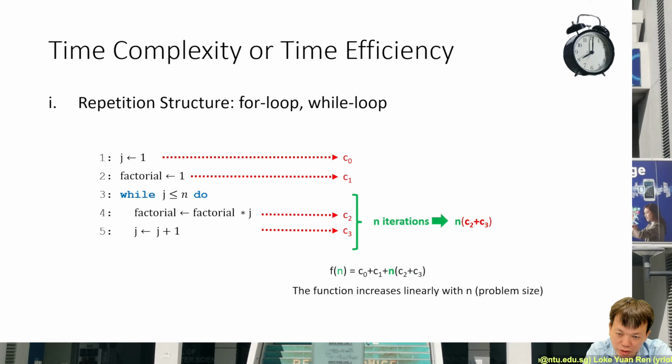Even if you want to consider more, actually the condition also takes some time. Every iteration you need to check whether j is less than or equal to n or not. Maybe we get C4, doesn't matter. The key is this n.